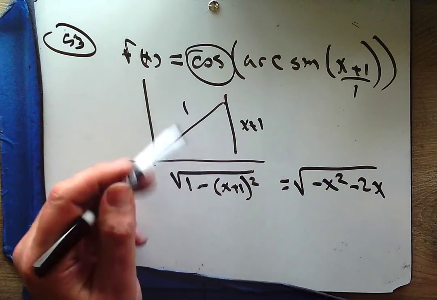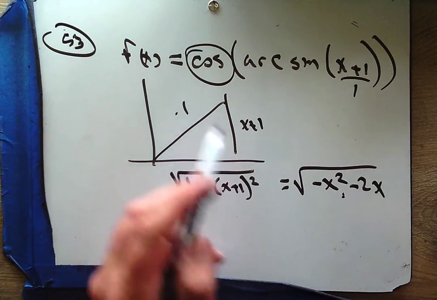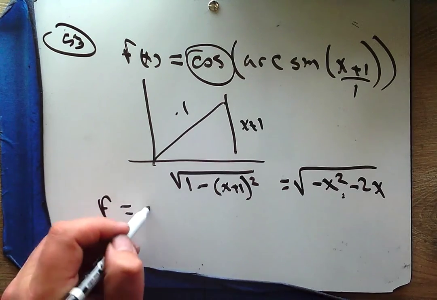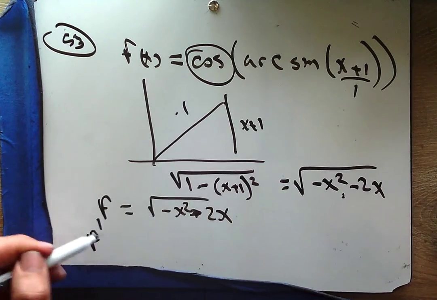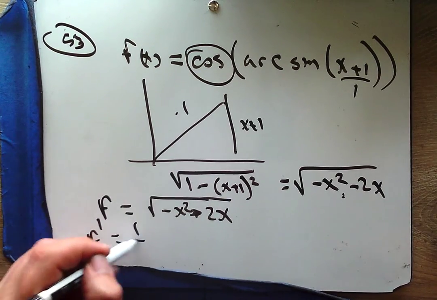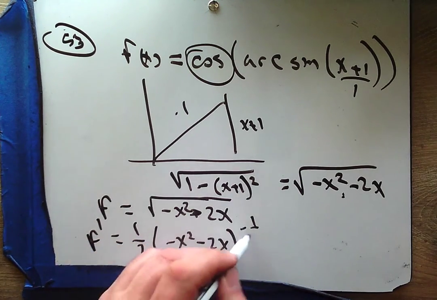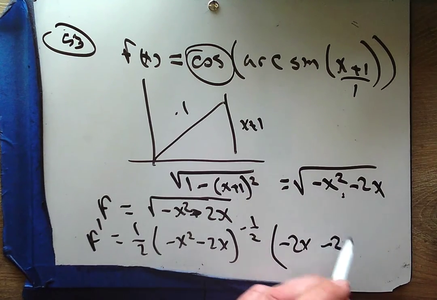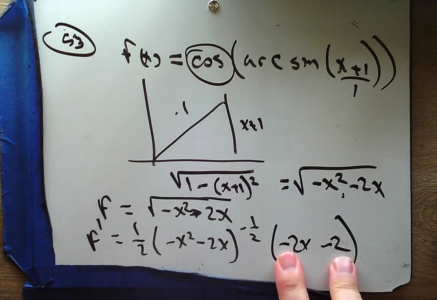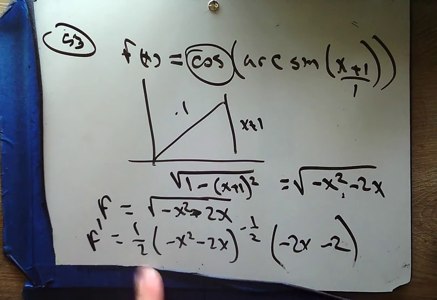So cosine is adjacent over hypotenuse. That's my adjacent over 1. Fabulous. So f of x is square root of negative x squared minus 2x. So f prime is going to be 1 half times (negative x squared minus 2x) to the negative 1 half, times the derivative in here, negative 2x minus 2. I guess you could pull out a negative 2 here and cancel with that 2 there, so you'd end up with just a negative, and this would be an x plus 1.